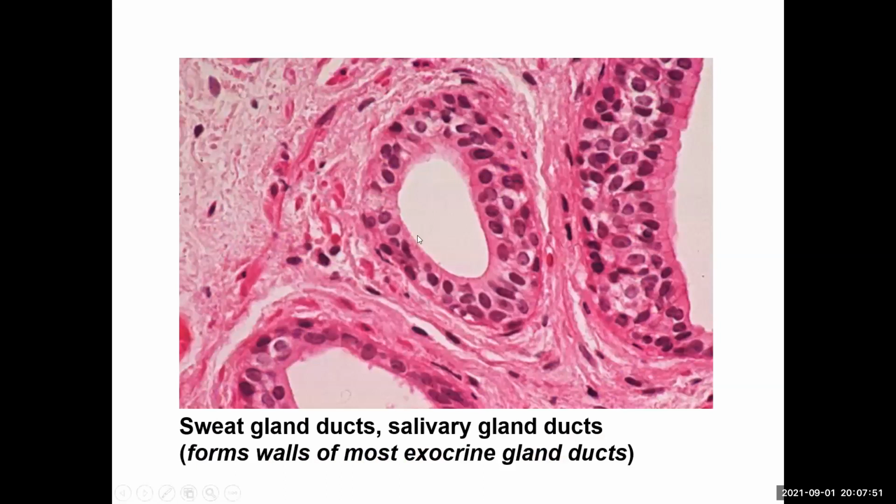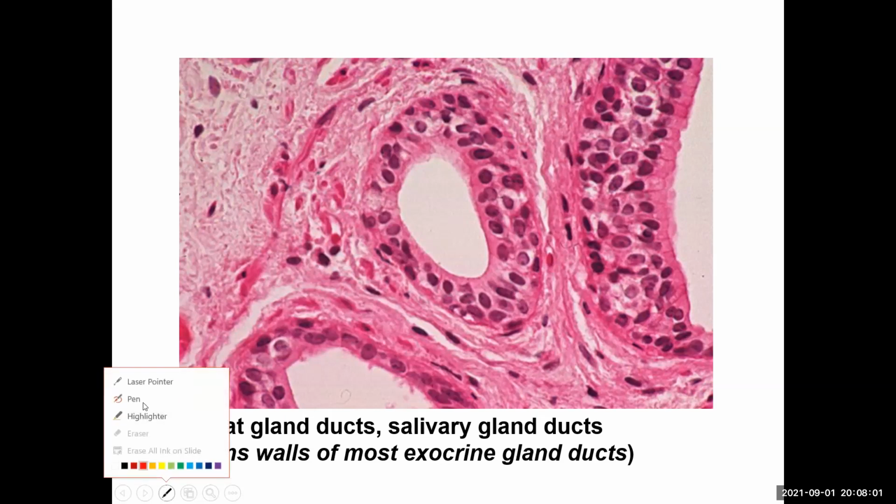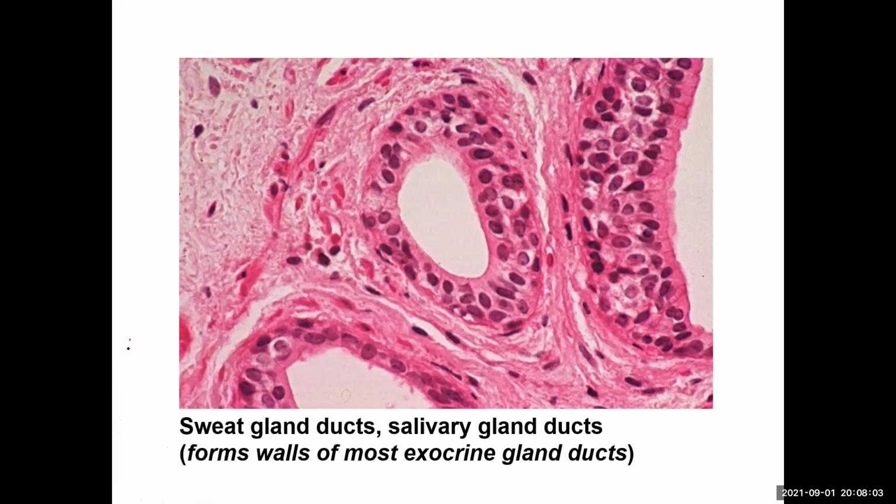If you go back to this slide, there's hardly any space in between these two nuclei that are stacked on top of one another. Well, that's how I know that that is cuboidal epithelium. If you look at my horrible drawing here, we're going to just stack two cuboidal cells on one another. Here's the nuclei. Here's the nuclei.